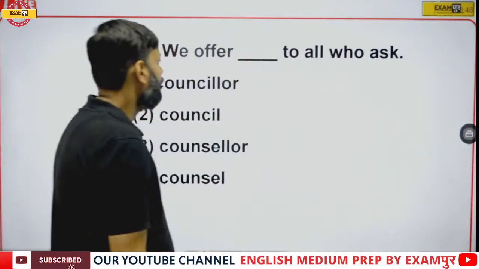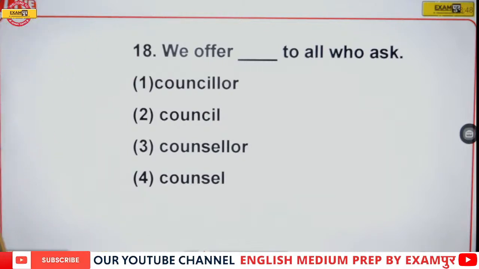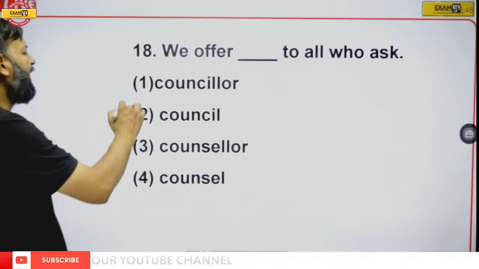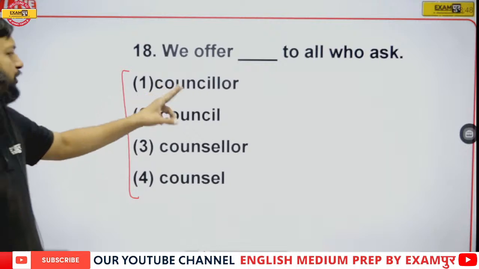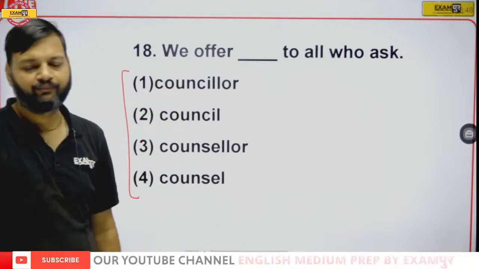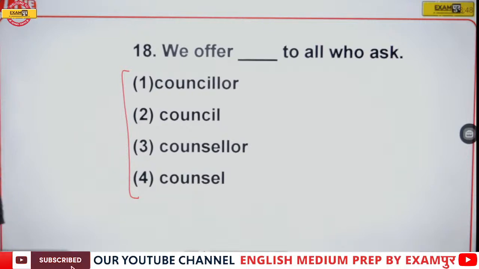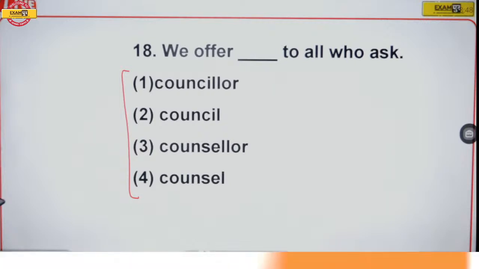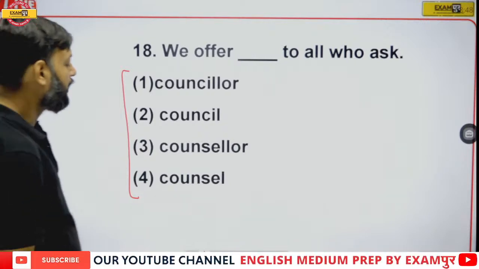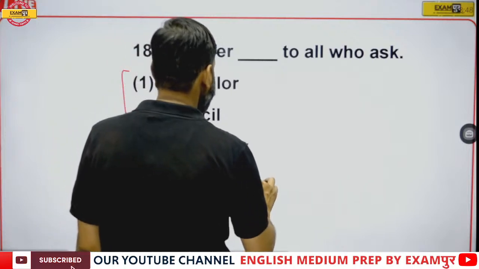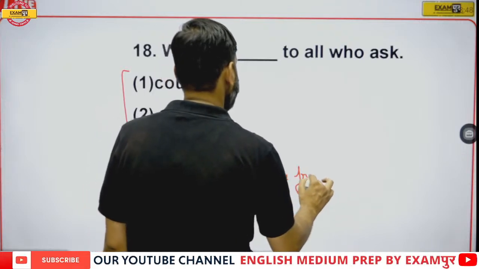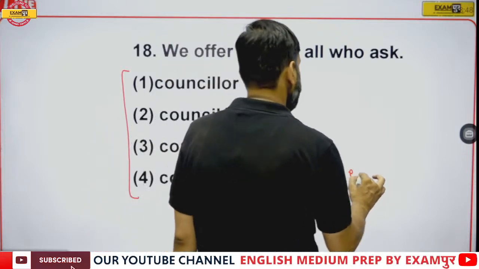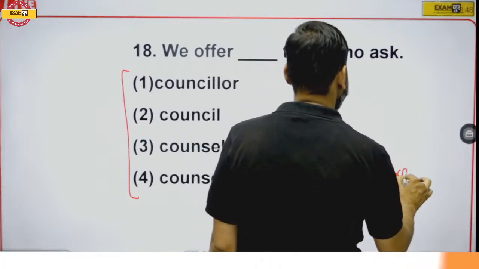Now the next one: we offer blank to all who ask. Here we have 4 spellings of a word: counselor, counsel, counselor and counsel. You must know the meaning of all 4 words. See, counsel means advice from an elder or expert.